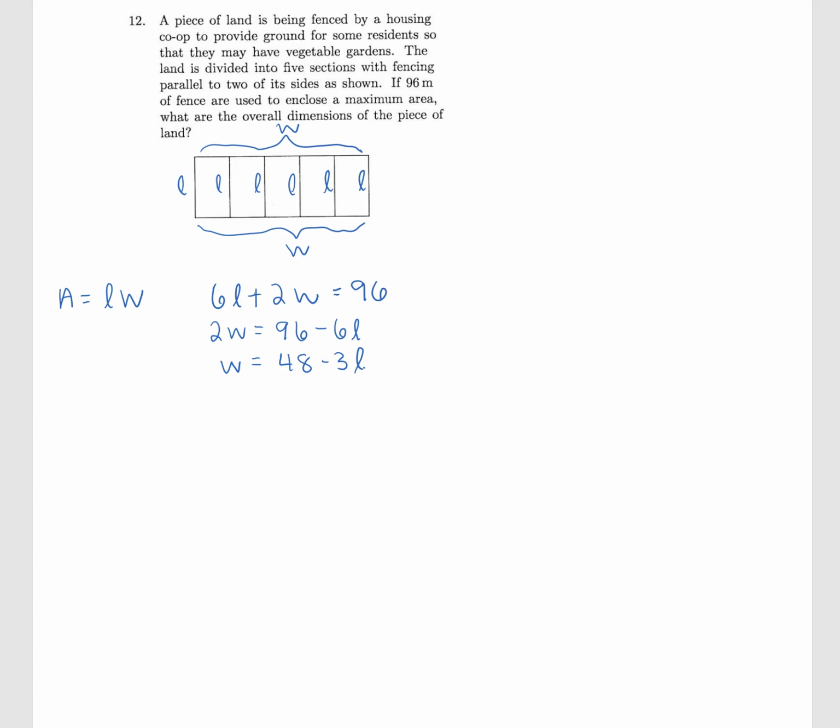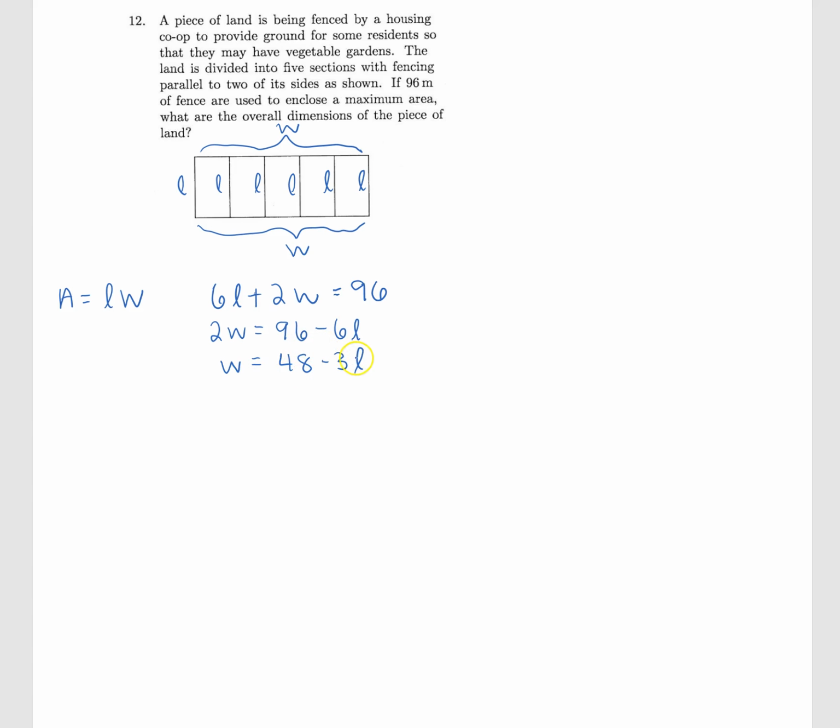So the next thing I want to do is go back to this equation here for the area, because the area is what we've been told is reaching a maximum. So we want to rewrite this equation so that the area is all in terms of one variable.